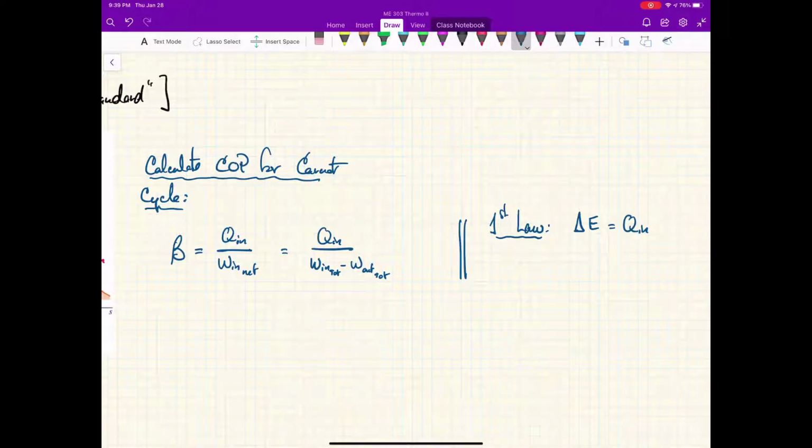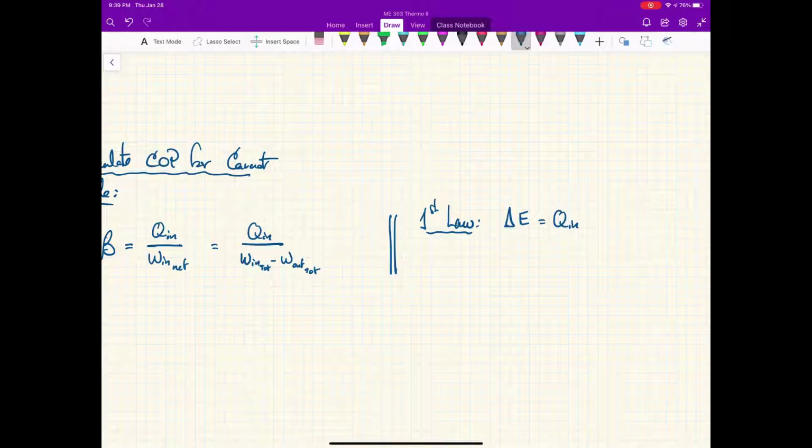And notice here I'm doing the exercise on a per energy basis. Okay, so I'm looking at the actual energy, joules, throughout the cycle. I could repeat the entire thing on a rate basis, but I'm going to do it this way. Q in minus work out. I've seen this before, and these are net values, right?